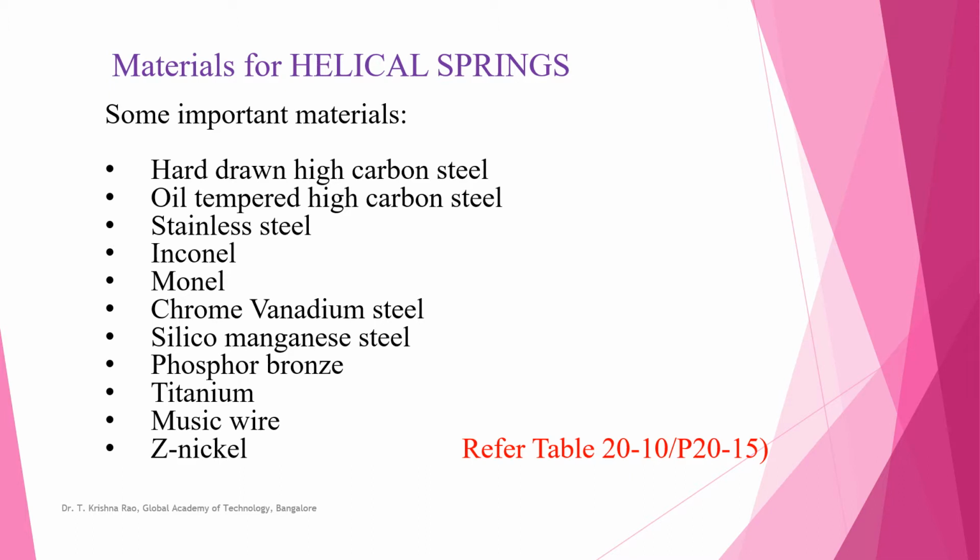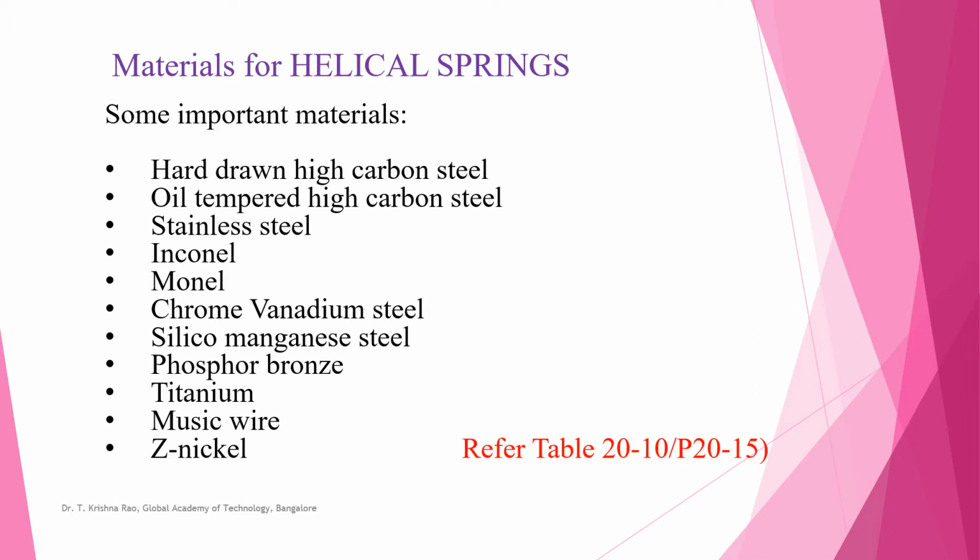What are the various materials we use for springs? There is a table given on page number 20-15 of volume 1, table number 20.10. It is a two-page table with so many materials.